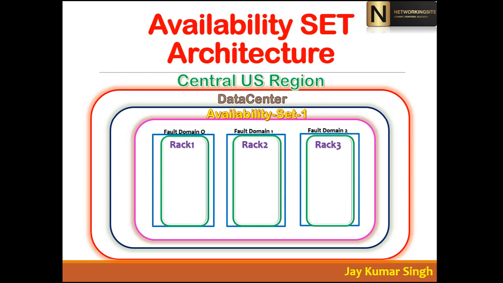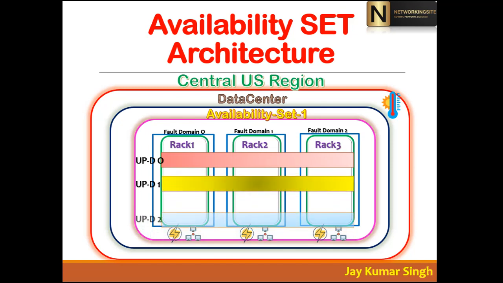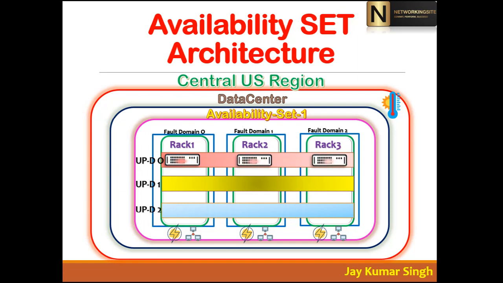Okay, the fault domain or rack will have a separate power connection, separate network connection, and separate cooling, and each rack's servers will be divided into different update domain groups for the maintenance process. Okay, each rack will have multiple physical servers, and inside the physical servers you will have VMs.